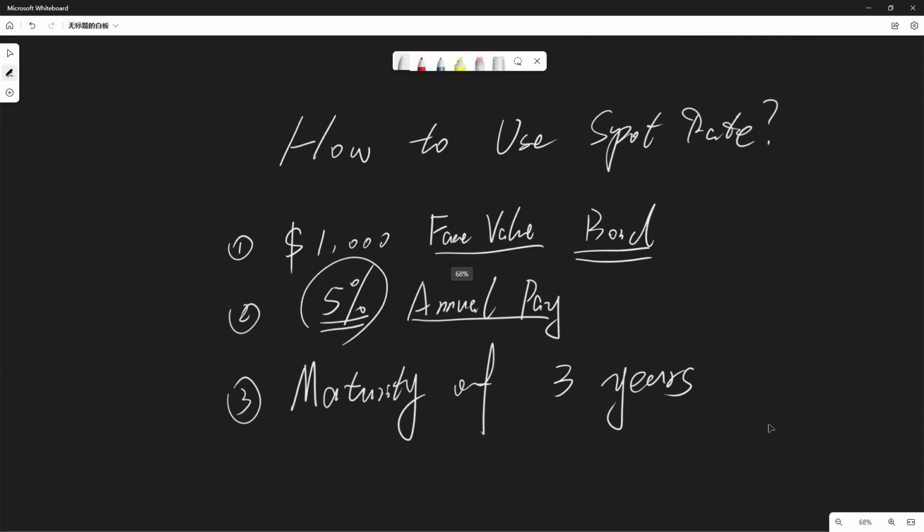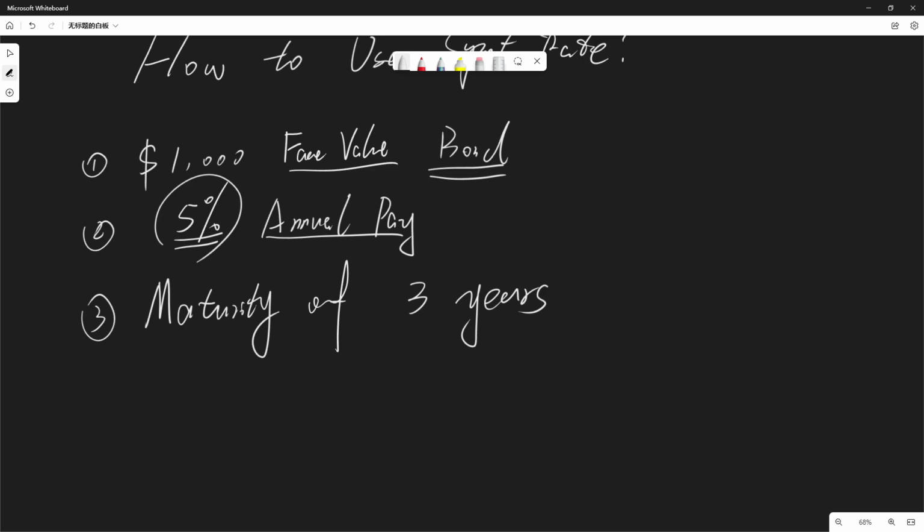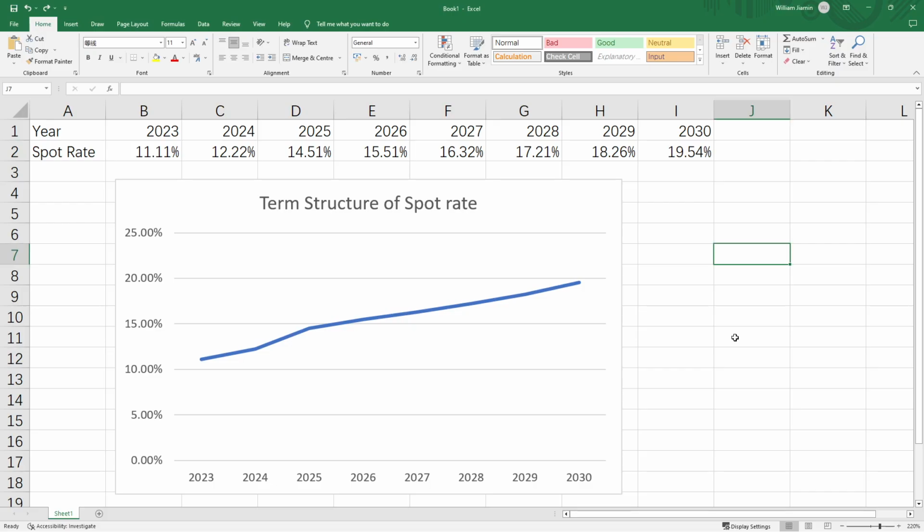So that is the reason why I use this term structure of spot rate. So the first year spot rate is 11.11%, the second year 12.22%, the third year 14.51%. Okay, once you got that, you can do the calculation.